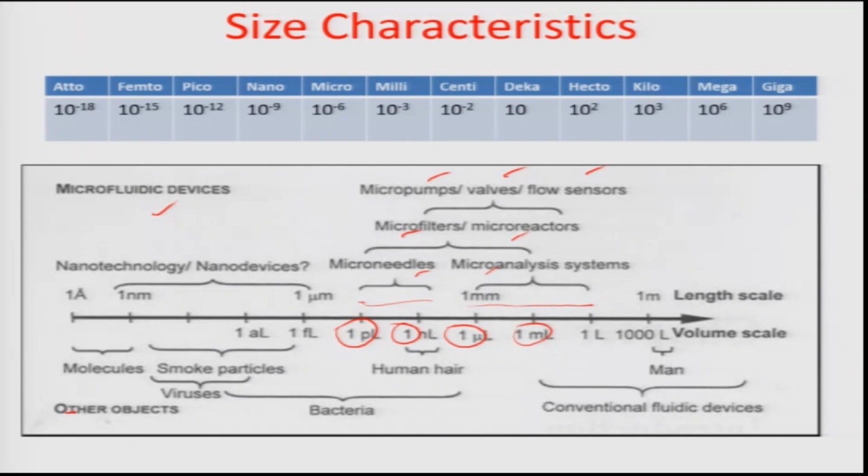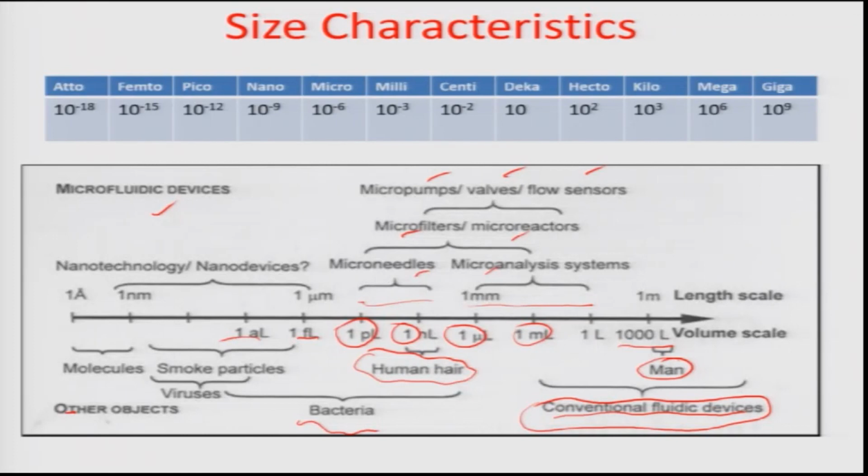When we compare some of the objects which are of real life and probably known to all of you, man for example is around 1000 liters by volume of the total confinement of fluid that he has within the human body. So are conventional fluidic devices, but when we talk about such devices as micro pumps, valves, flow sensors, they typically have dimensions or volume that a human hair would typically have, or some of the bacteria would typically have. Bacteria of course goes much smaller, all the way to the autoliter scale.